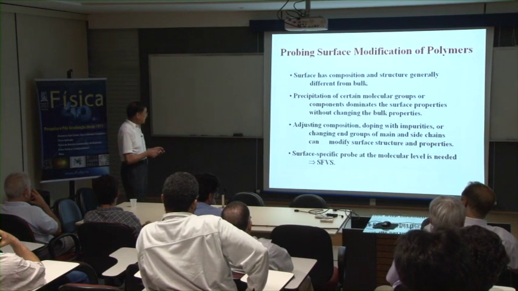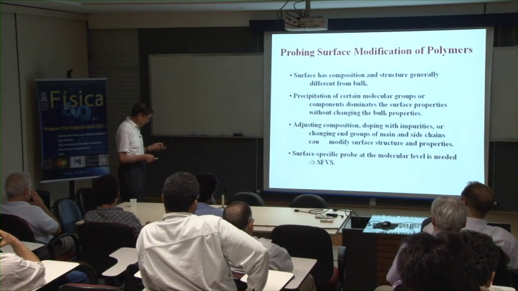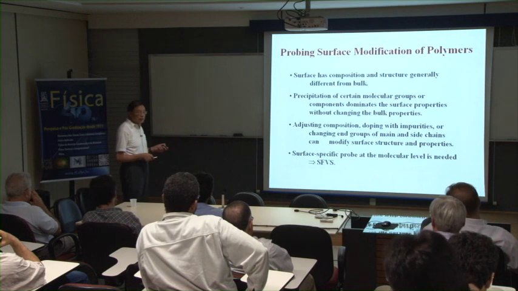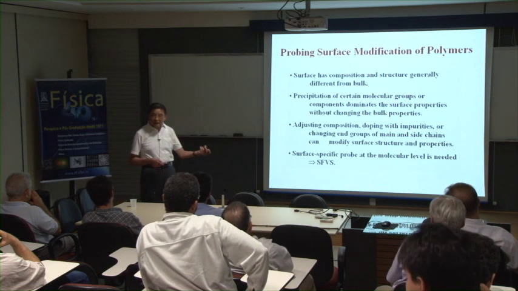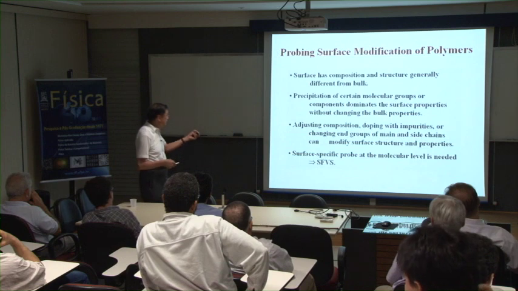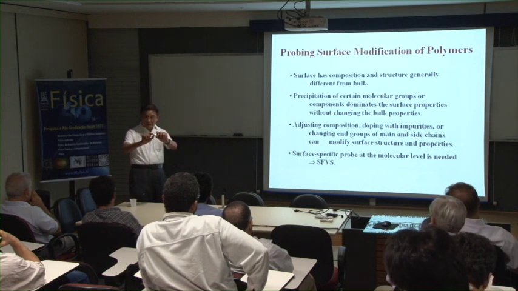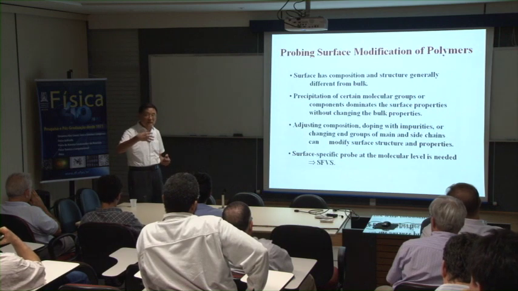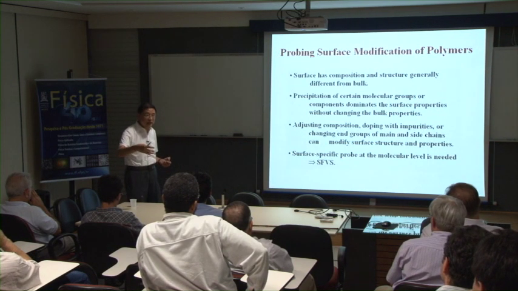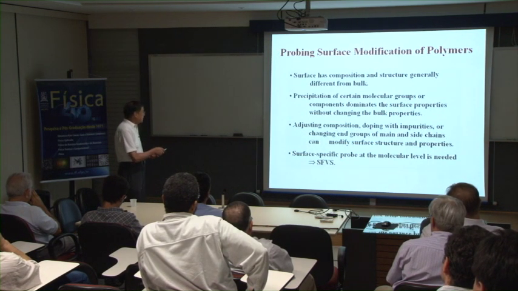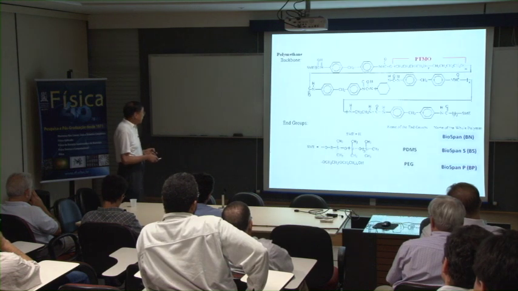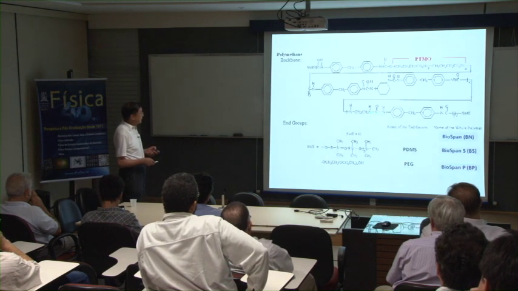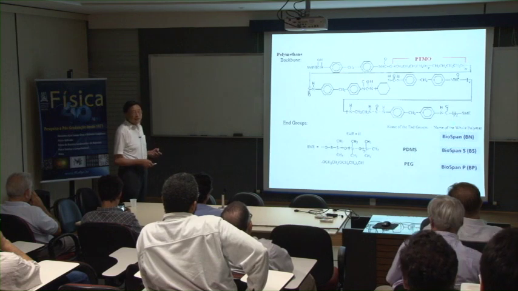So here is a case for us to use sum frequency spectroscopy to detect the surface layer of the polymer and figure out what the structure is or what species are at the surface. For example, I have a big biopolymer like this.